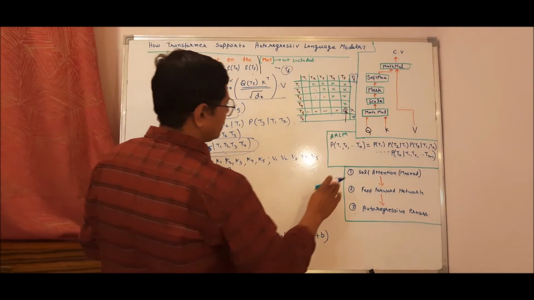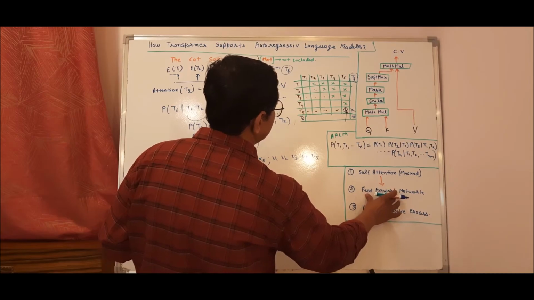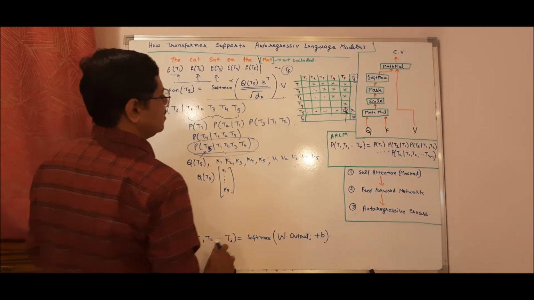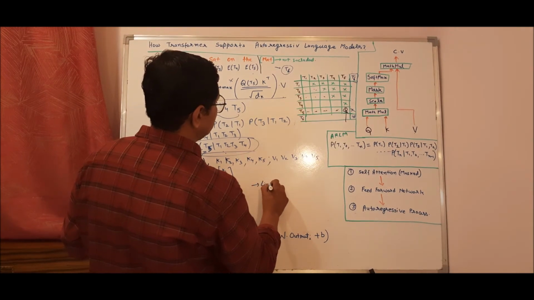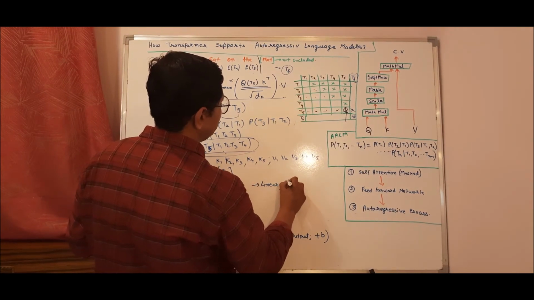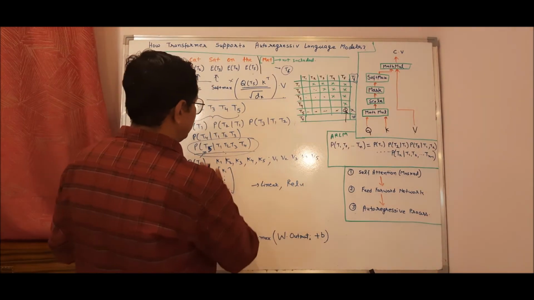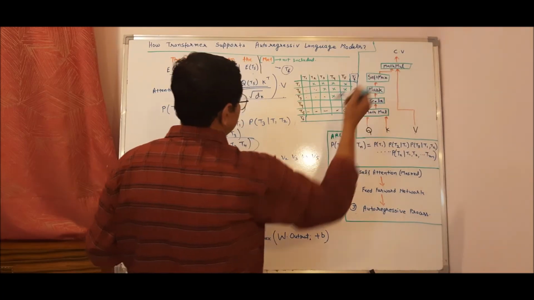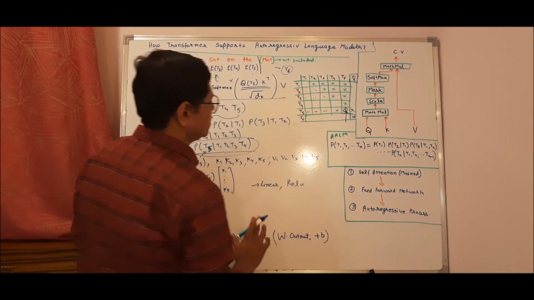Now the next part is the feed forward network. The feed forward network contains linear layers and ReLU type of layers. This will refine the context vector scores. And after that, we apply the autoregressive process.